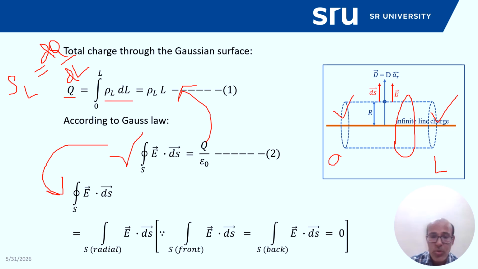So there are three surfaces: two are alike, the front and the back, and one radial surface. What I am saying is that the front and back contributions are zero, whereas the radial contribution is non-zero. Why is the question?